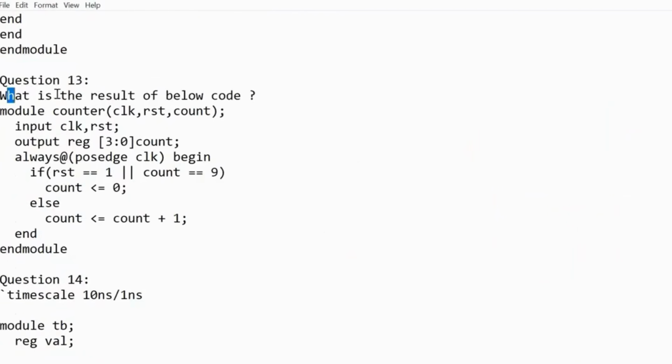What is the result of the below code? Here a counter code has been given with a clock, reset, counter input and output, always at the rate of posedge clock, if condition and else condition. So what type of counter is it?